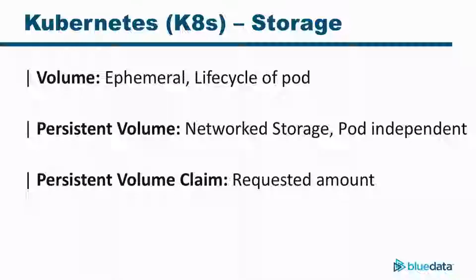And then you can create these definitions. Persistent volume claim is another concept, which is where you define how much you want from a storage perspective, and it will basically make sure that you get that much storage for the particular container that you're bringing up.